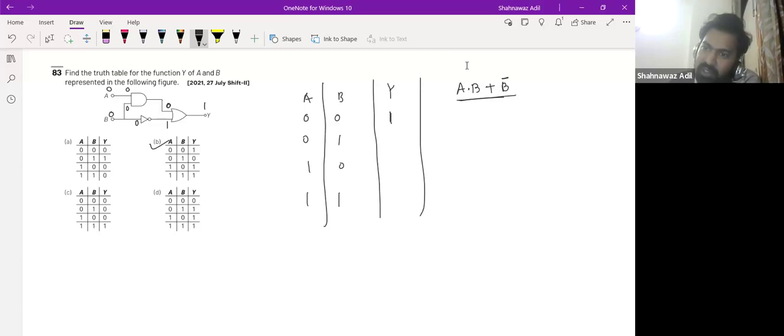So if we take A 0 and B 0, 0 into 0 is 0 plus 0 bar, that is 1. So we'll get 1. From this relation, we can also find out the rest of it. Let's say if I take 0,1: 0 into 1 is 0, and then B is 1, so 1 bar is 0.